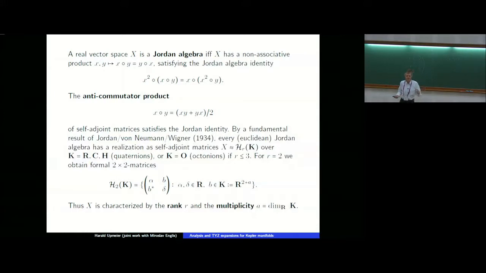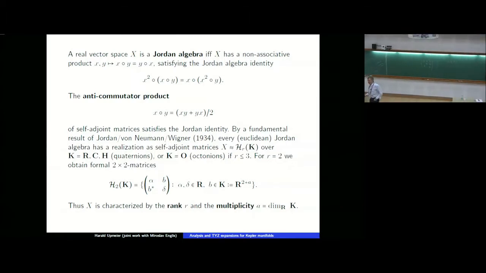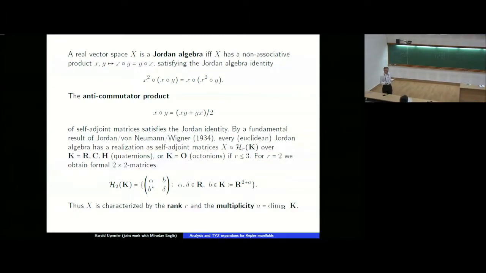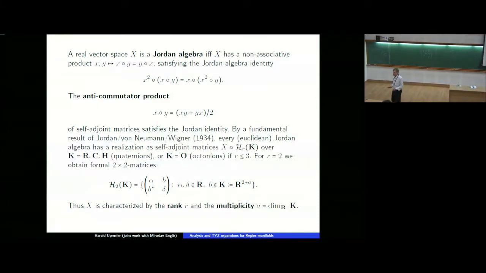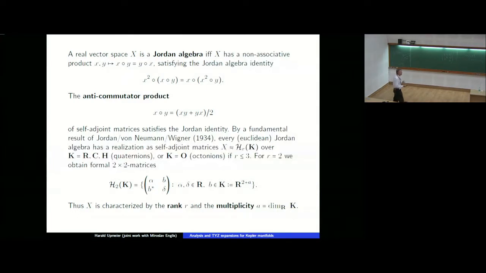So that was very disappointing for these people. Namely, first of all, the Jordan algebra identity does not characterize quantum mechanics. There is one odd example, and it has finite dimension. But of course, we all know in quantum mechanics we get infinite dimension operators. So big surprise, but in any case, that was the start of the theory.